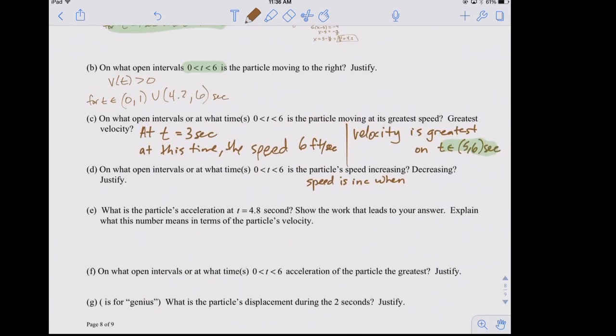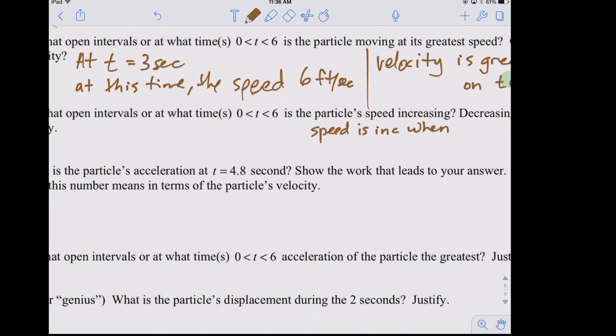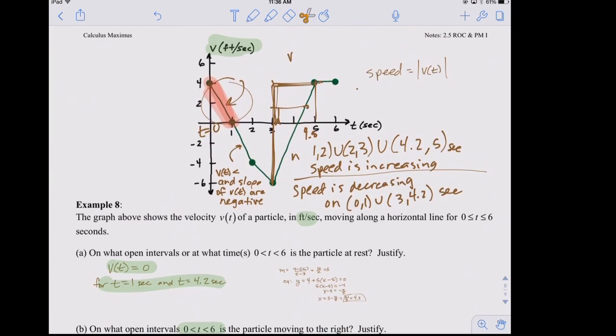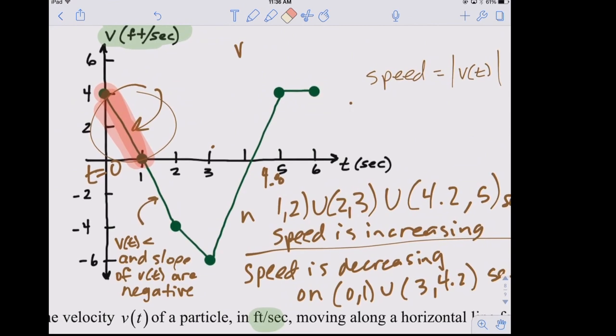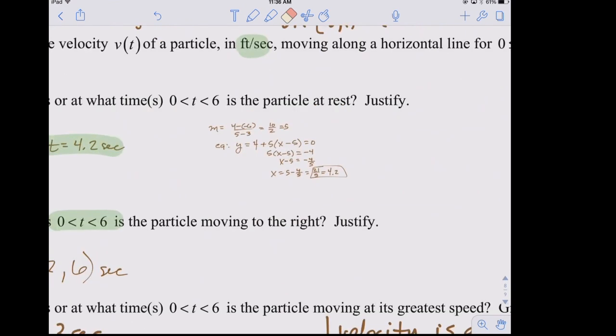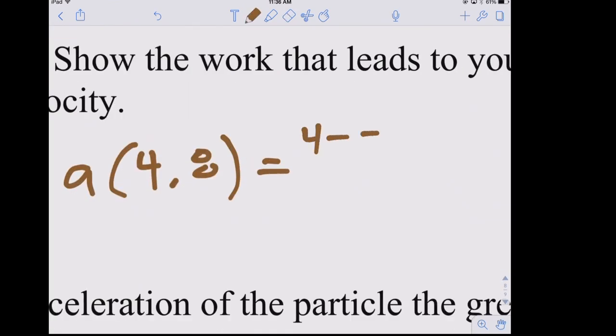Yeah, good. So it says show the work that leads to your answer. Guess what we'd have to show? We'd say v prime of 4.8 equals a of 4.8. And then you would just show your difference quotient, which would be, let's get the y values here, 4 minus -6 over 5 minus 3.